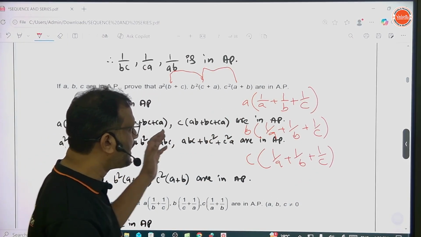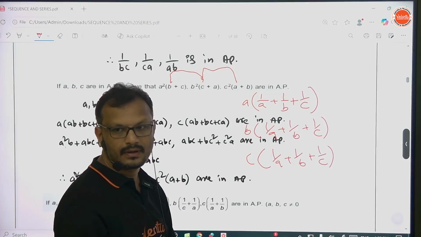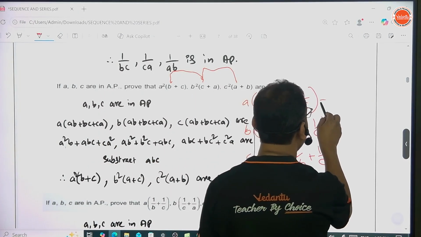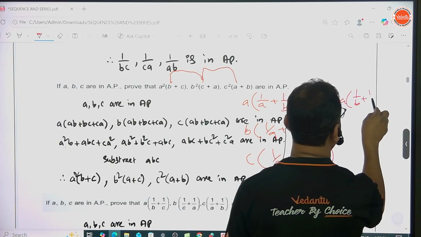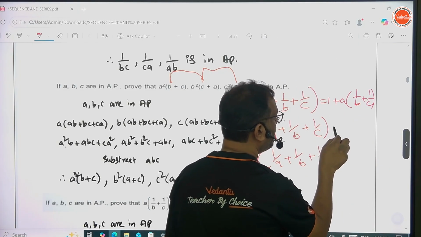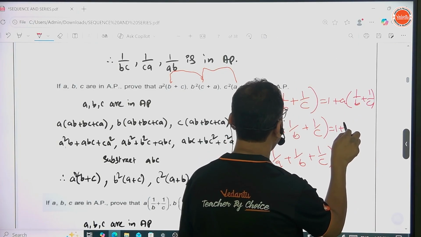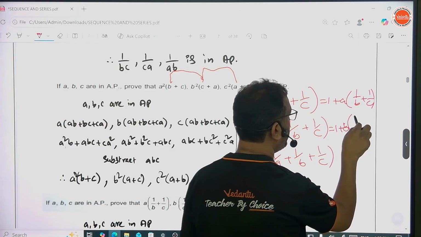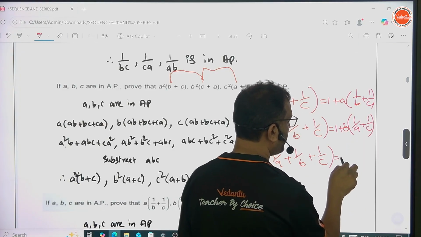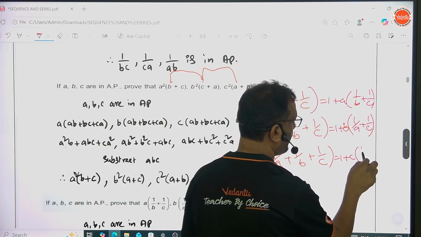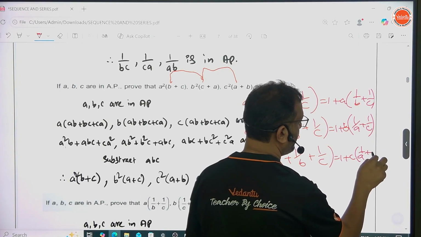Now when you multiply inside, you will get 1 plus A into 1 by B plus 1 by C. Here 1 plus B into 1 by A plus 1 by C. And here 1 plus C into 1 by A plus 1 by B.